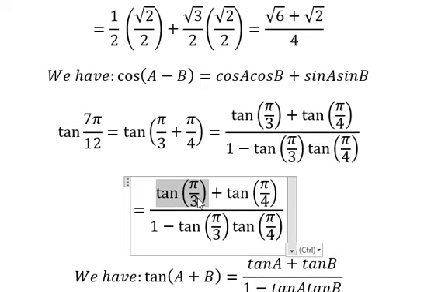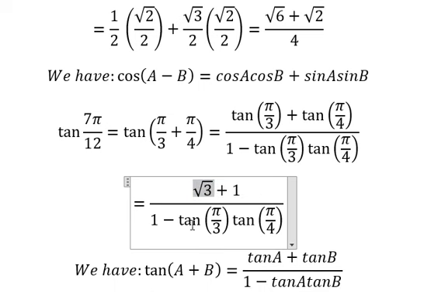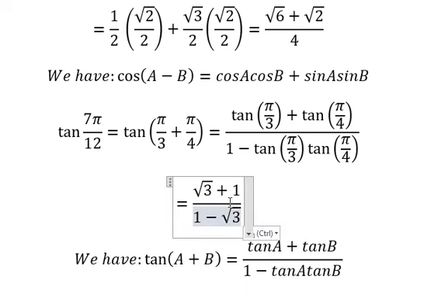So this one, we have the square root of 3. This one, we have number 1. This one, we have the square root of 3.